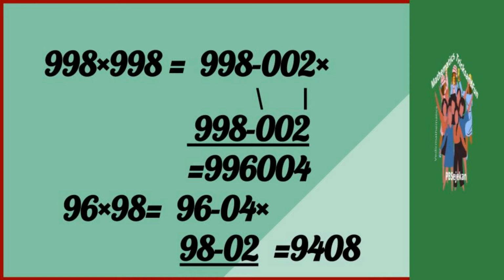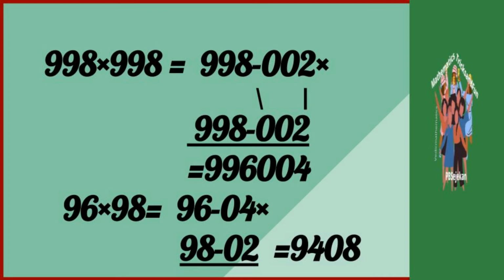Then deduct 998 from 1000 and write 998 minus sign 002. Then, by using nikhilam-sutra, multiply straight and subtract crosswise. The answer here is 996004.